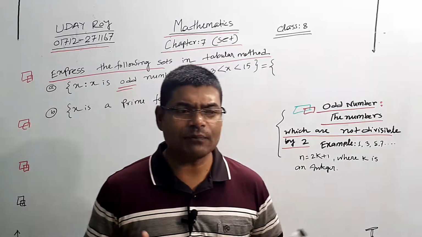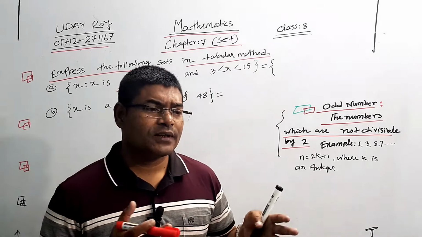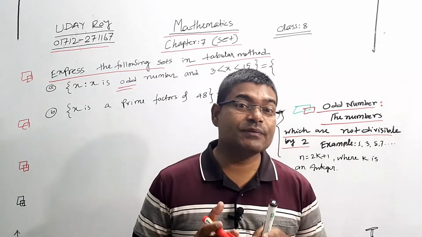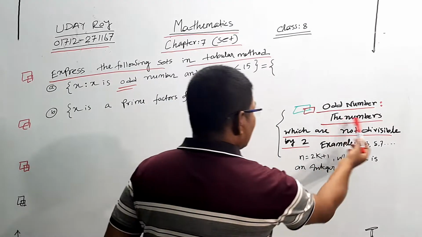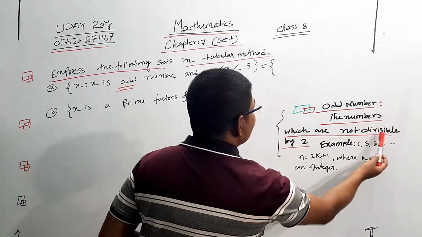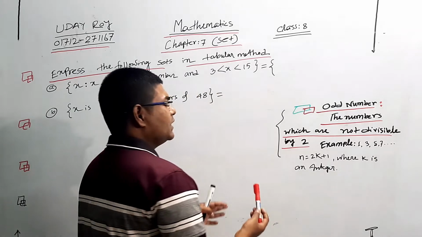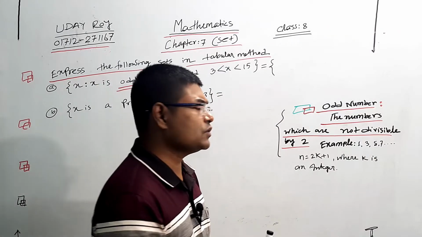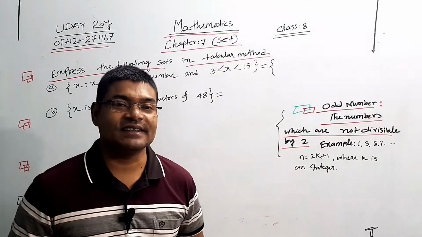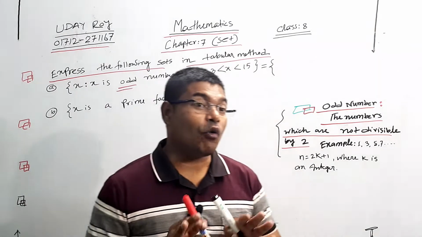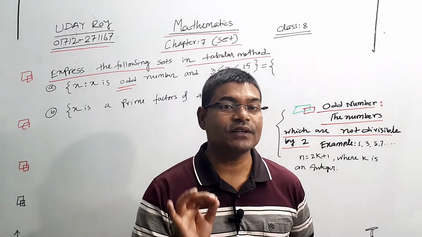So we have to know what an odd number is. An odd number means a number which is not divisible by 2. Examples are 1, 3, 5 and 7. You can get the rule n equals 2k plus 1, where k is an integer.